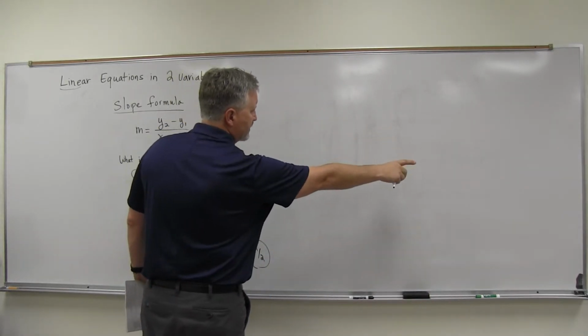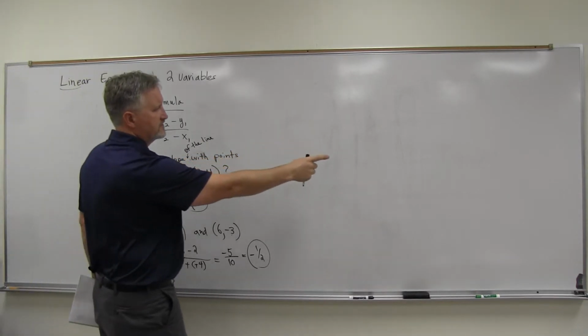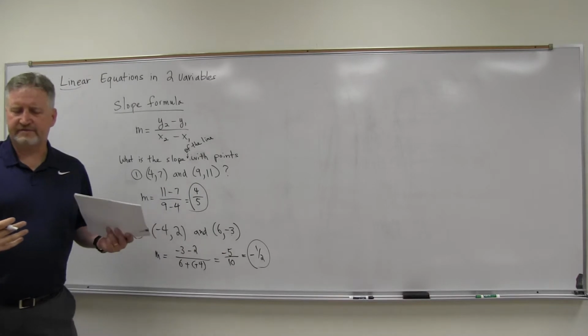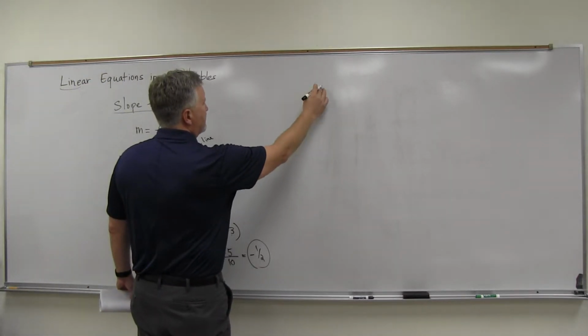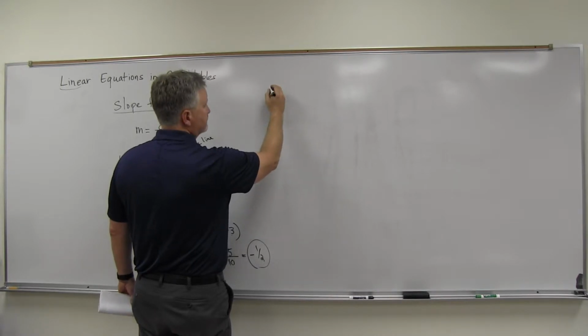Let me go ahead and mention real quick the reason that a vertical line turns into undefined slope. This same thing does come up other times, so let's talk about it.